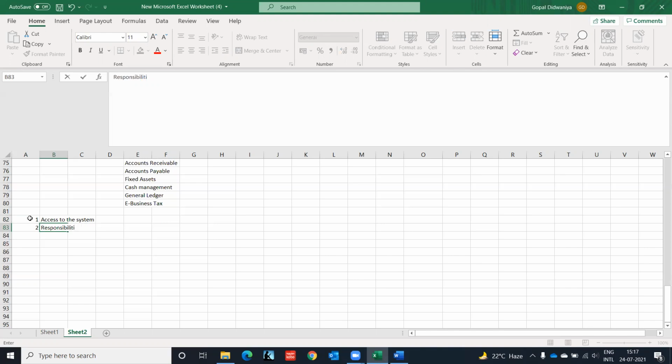Responsibility assignment. Then you have third, profile option. Setting up organization structure. Test a journal.